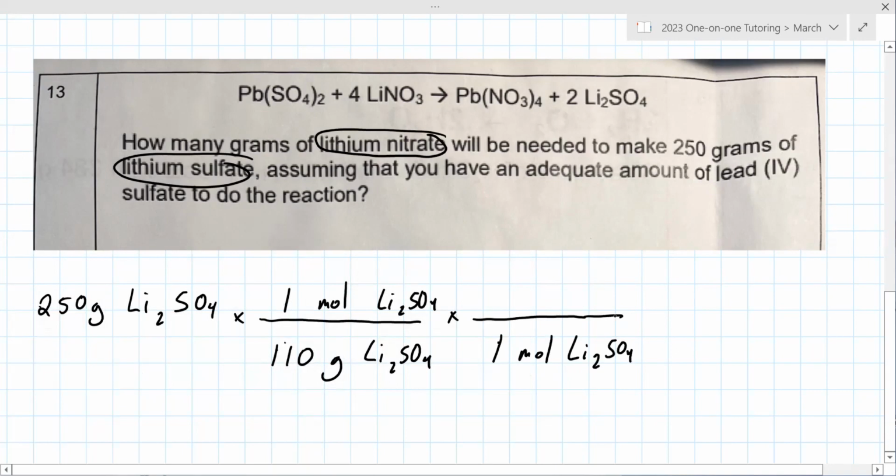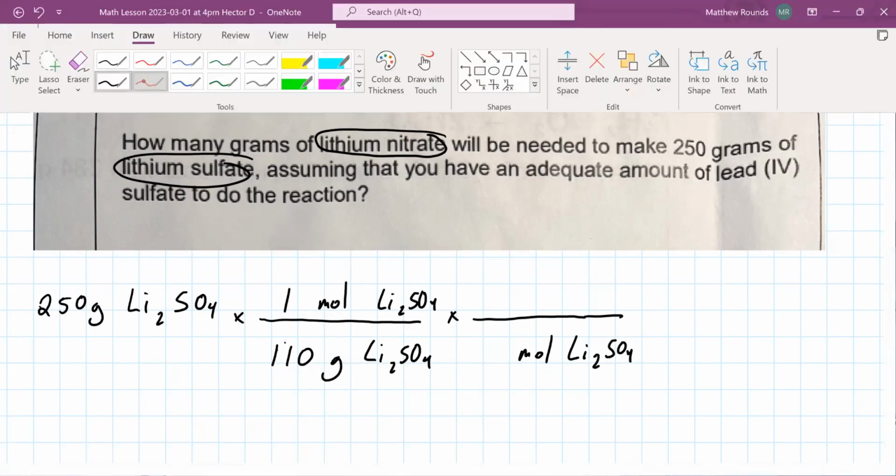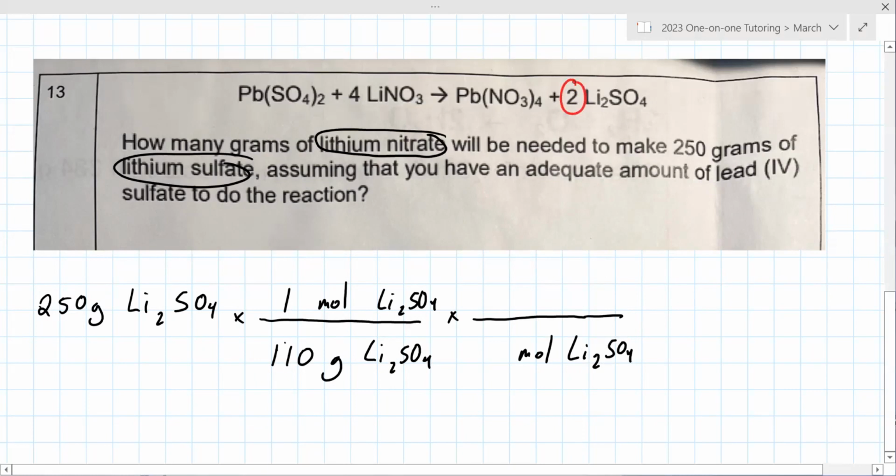Like that. Now, it may not be 1 mole, but the units are the same. So this is the mole conversion. This is where you're using the coefficients in the equation. So there's 2 moles there, 4 moles there. You're using the coefficients. So 2 moles Li2SO4 for 4 moles LiNO3.